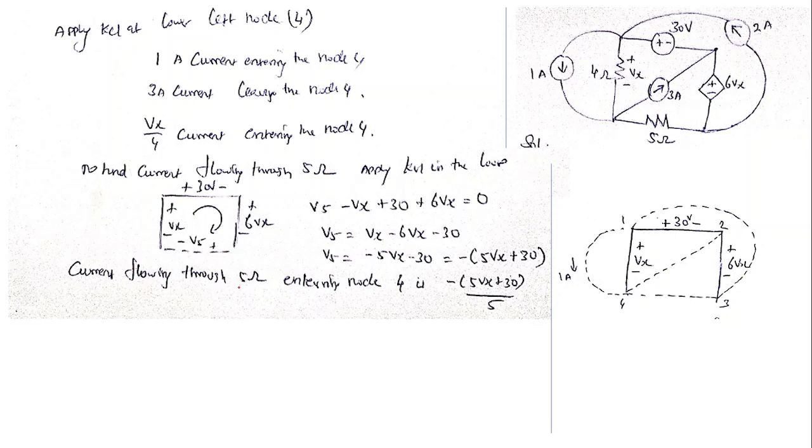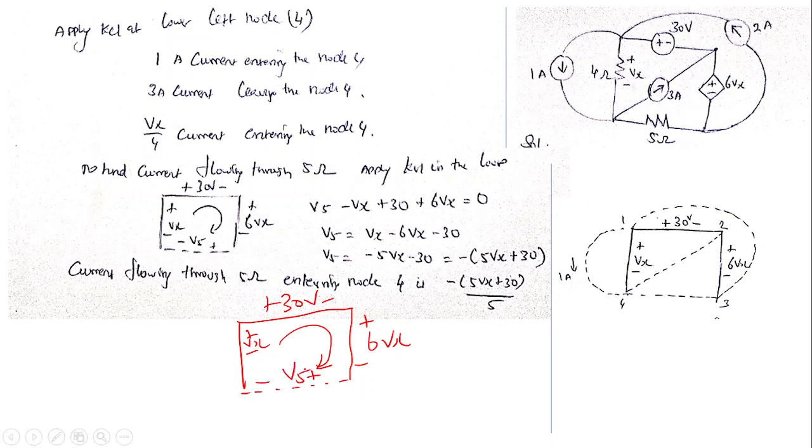Okay, so I'll redraw this. So we have plus minus Vx, plus minus 30, plus minus 6 Vx, and we have a link. I am forming a loop using this link, and this is the current direction. Based on the current direction I am specifying the V5.